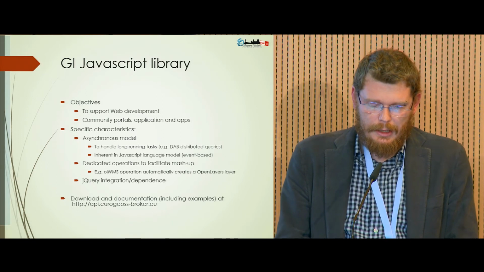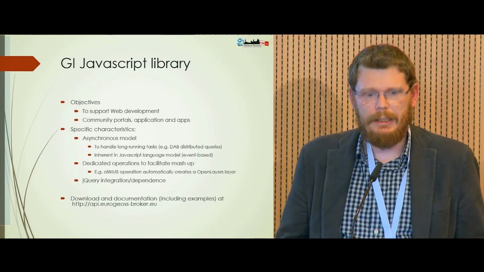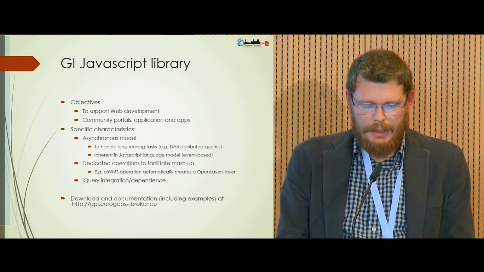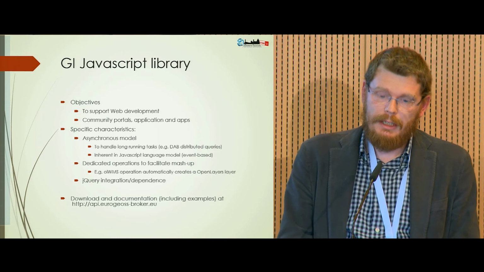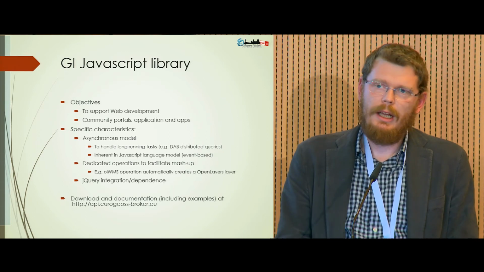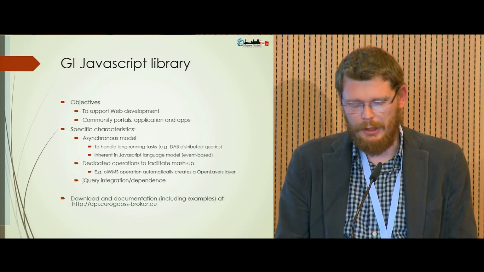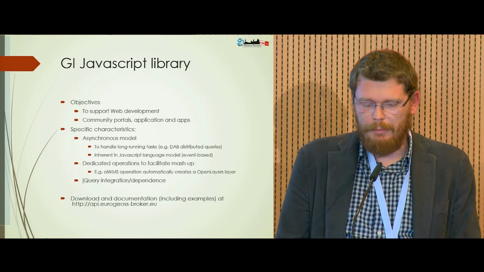It has dedicated operations to facilitate the mashup of discovered data, and it is quite easily integrable with the jQuery framework, which is again quite widely used in developing web applications.